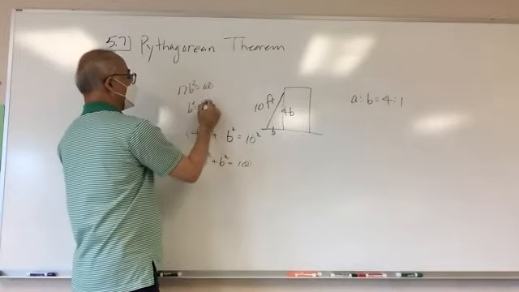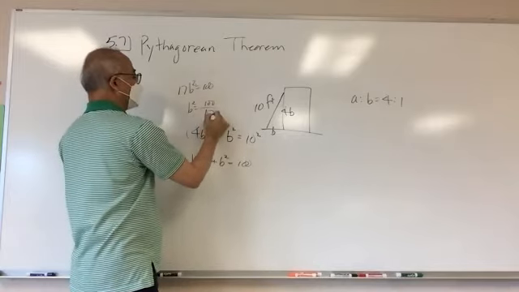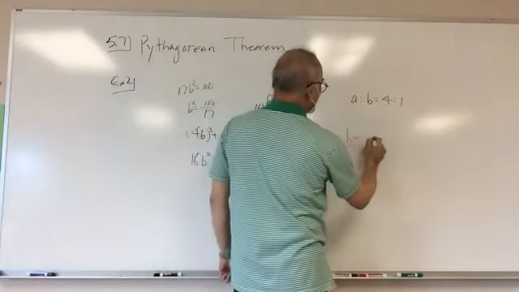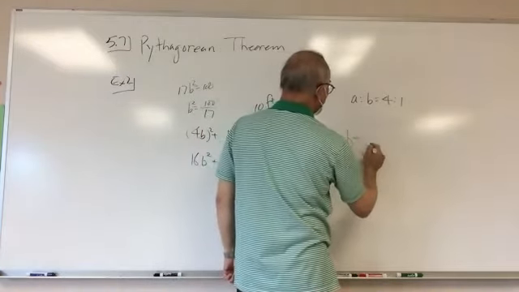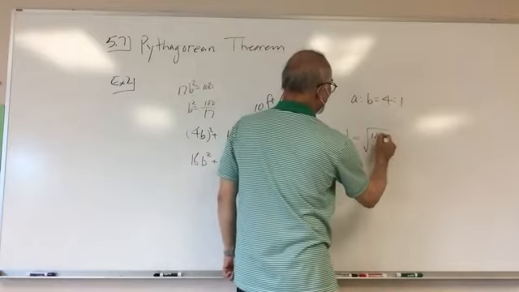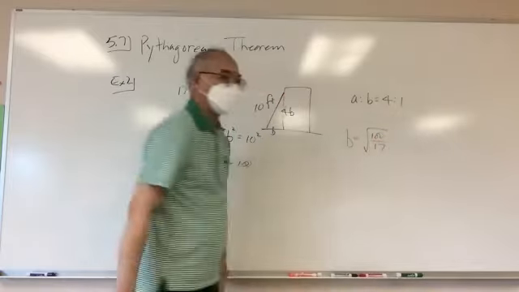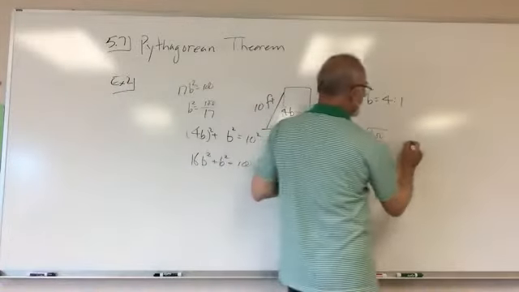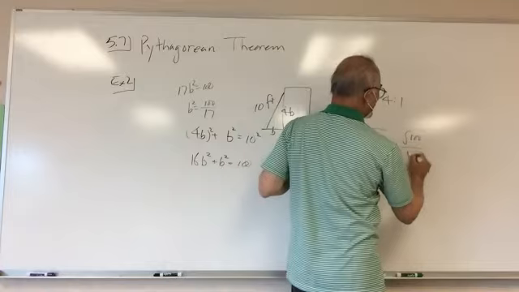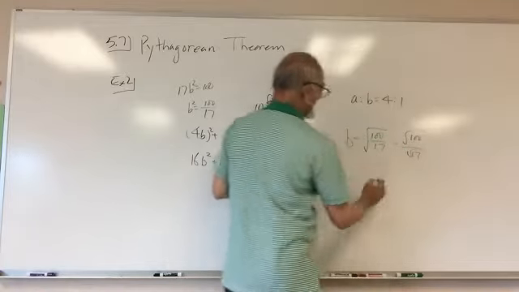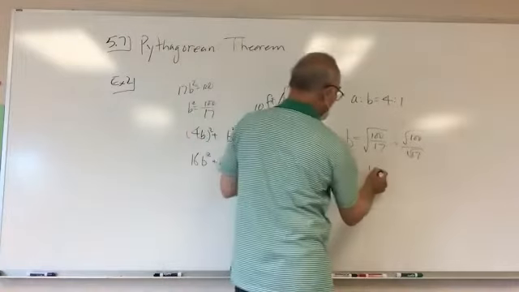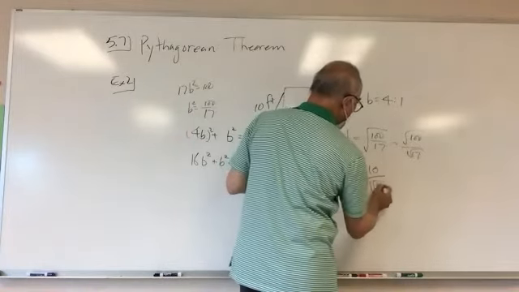B squared is equal to 100 divided by 17. So B is going to be equal to plus, well, I'm not doing plus or minus, square root of 100 over 17, right? Which is what? Square root of 100 over square root of 17. Square root of 100 is what? 10. Square root of 17.